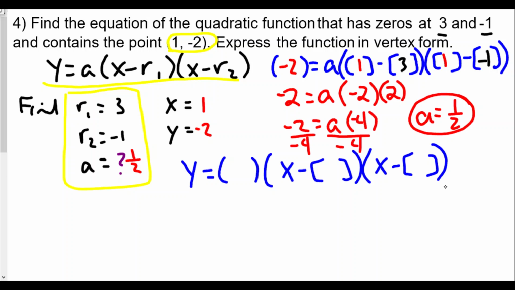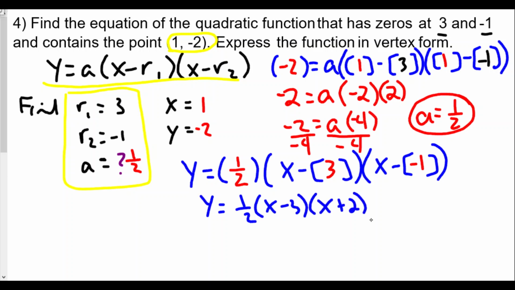We're just plugging in the values here. So we get 1/2, r1 is 3, and r2 is -1. And so we simplify, we get y equals 1/2 (x minus 3)(x plus 2). And this is our root form of the parabola.